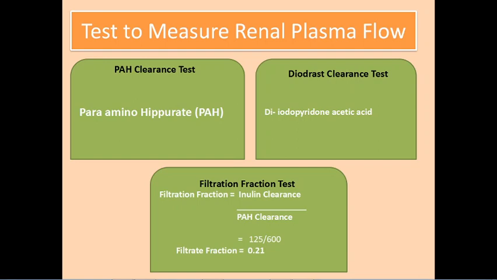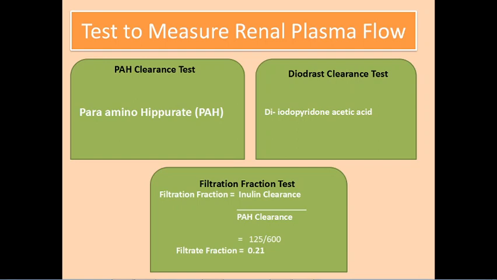This is about 574 ml per minute for a body surface area of 1.73 square meter. So PAH is a test to measure the renal blood or plasma flow. PAH should be injected intravenously and is completely filtered by glomeruli and maximally secreted in tubules, so that the entire PAH present in blood is removed by both the kidneys in a single circulation through them.